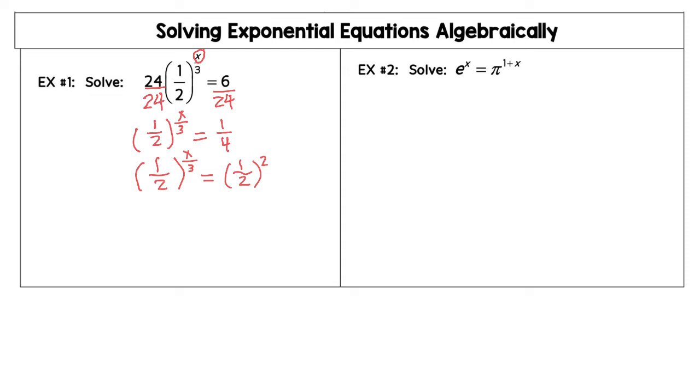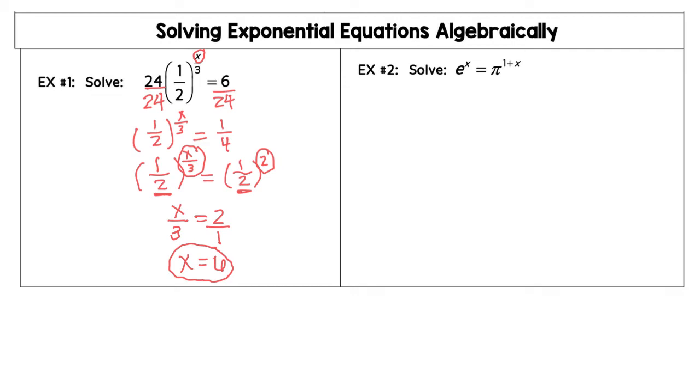Now this is just like what we just talked about, where these bases are the same. So these exponents must be equal to each other. So x over 3 has to equal 2. And to solve that, remember, you'd have a proportion. You'd put 2 over 1, cross multiply, and you get x equals 6 as your final answer.